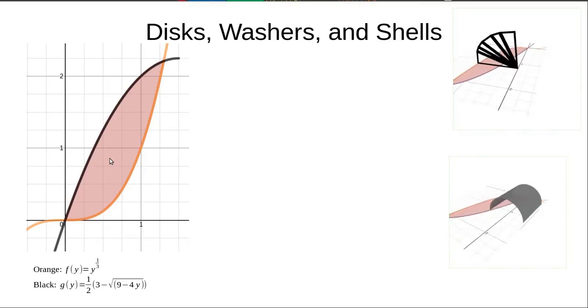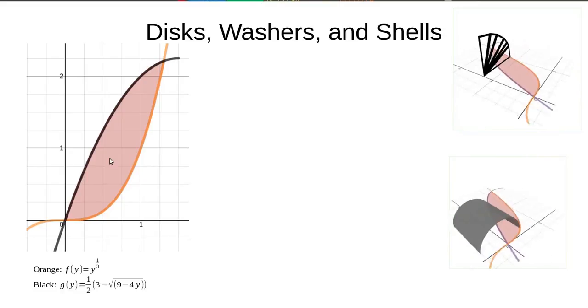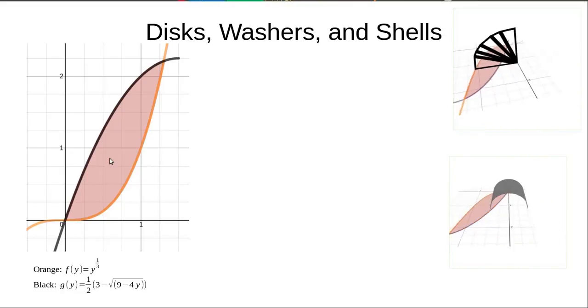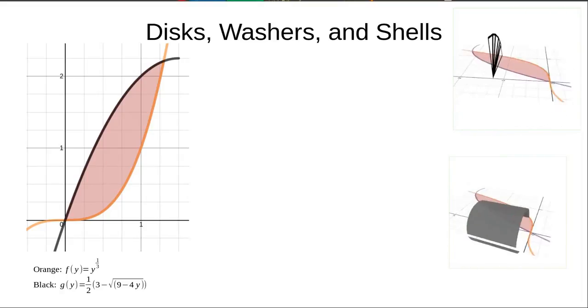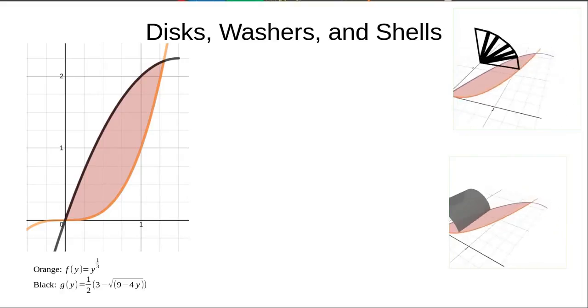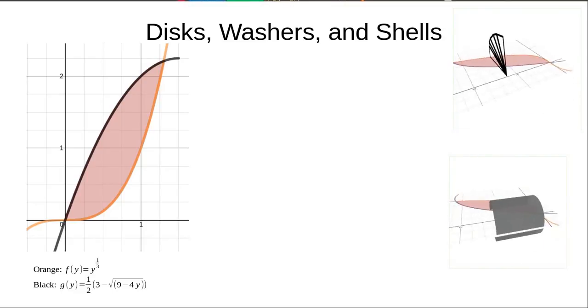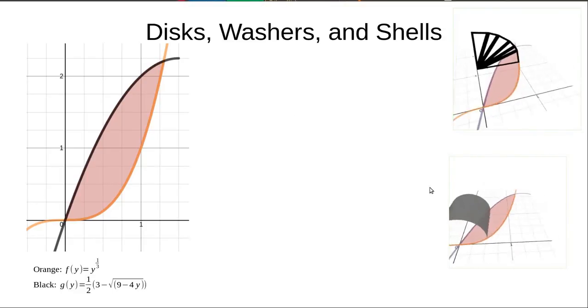This is useful in some cases where you are unable to integrate from one side because, for instance, it's not a function if it's a function of x, but it is a function if it's a function of y. For instance, the x squared graph is a function of x, but it's not a function of y.